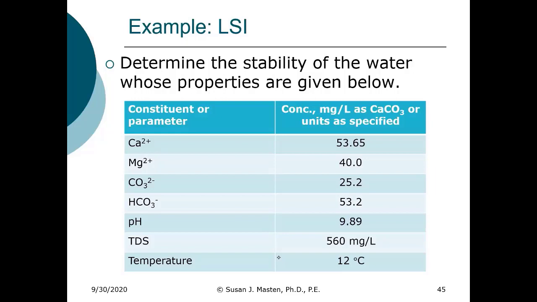So you're told that this water has a calcium concentration, and if these are in milligrams per liter, of 53.65 milligrams per liter, magnesium concentration of 40, a carbonate concentration of 25.2, a bicarbonate concentration of 53.2, a pH of 9.89, and a total dissolved solids of 560 milligrams per liter, and the temperature is 12 degrees C.